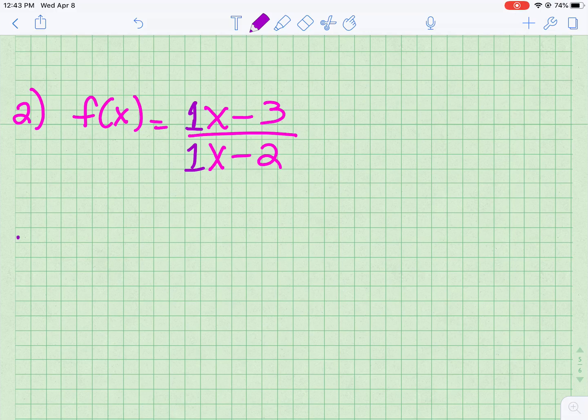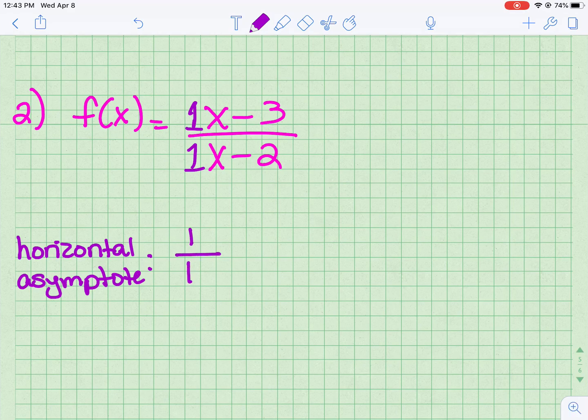To figure out your horizontal asymptote, you take those two numbers and divide them, and that's going to be your horizontal asymptote. So it's going to be y equals 1. That second scenario, when they're the same, is kind of a pain, because you take the lead coefficients of the numerator and denominator and divide them.